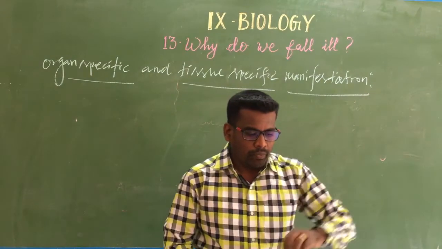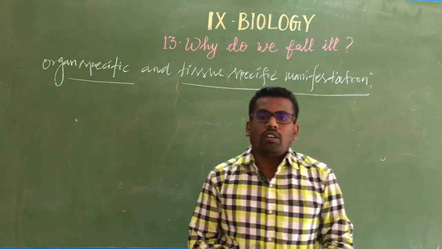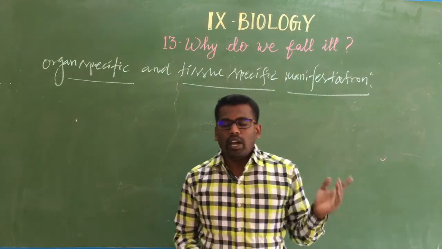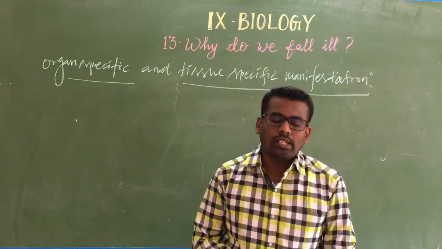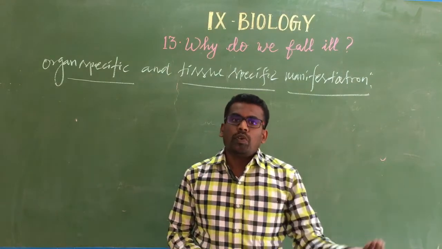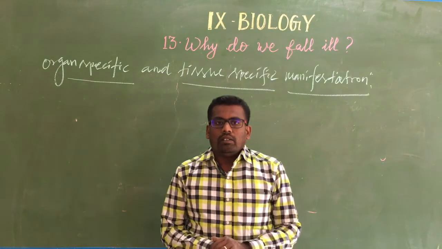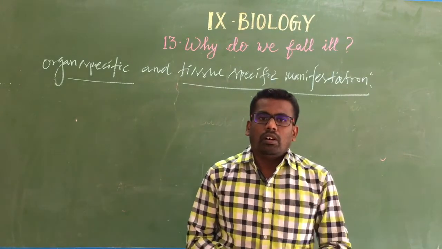Before this, we saw the diseases caused by microorganisms, what they are, and how they spread through the air, through the water, through sexual contact and through vectors, for example mosquitoes.